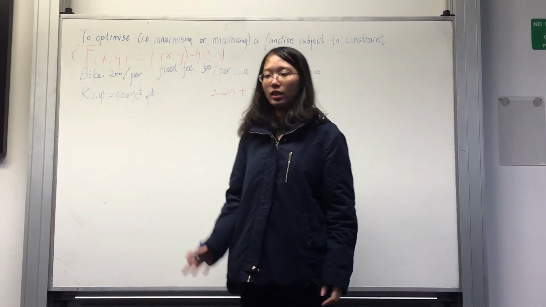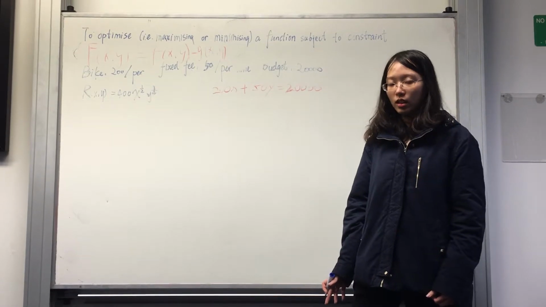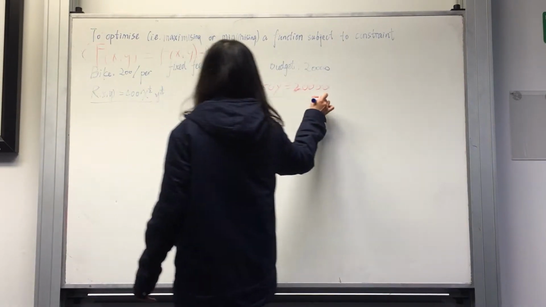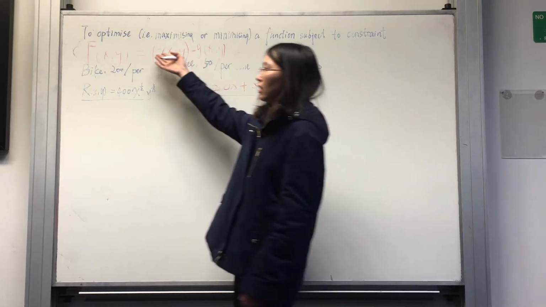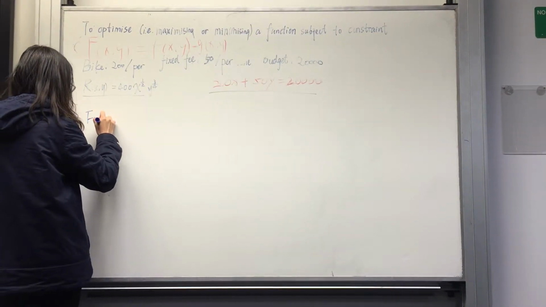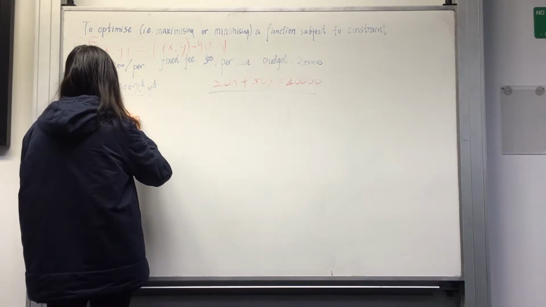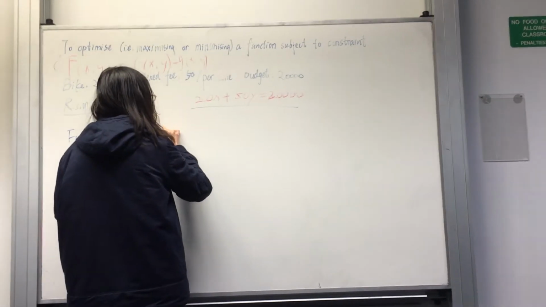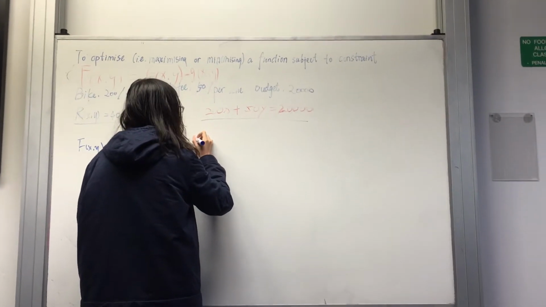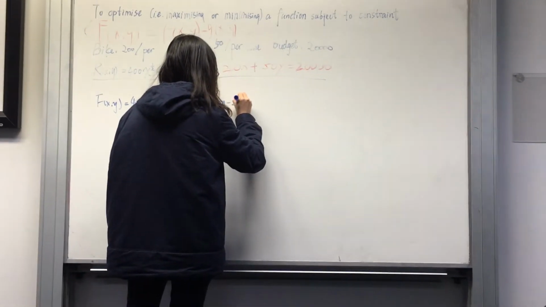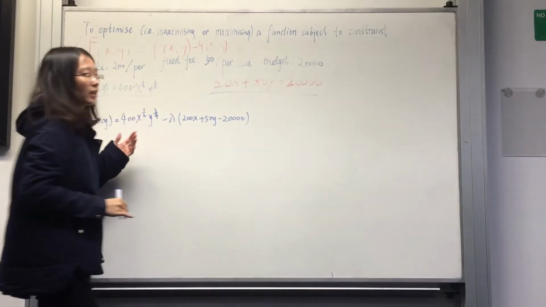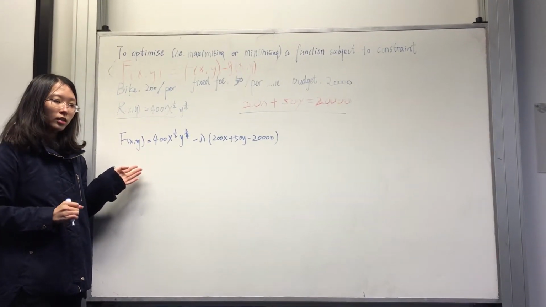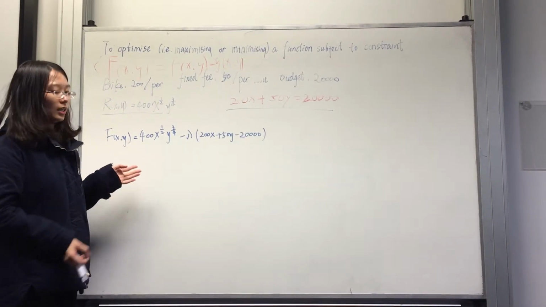Now we know what the question is asking for, so we can use Lagrange multipliers to solve it. We put these two functions into the Lagrange function, and then use three partial derivatives to get our answers.